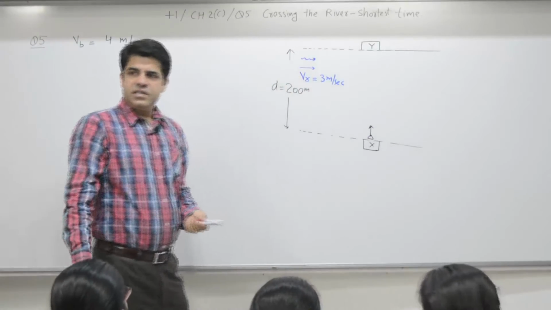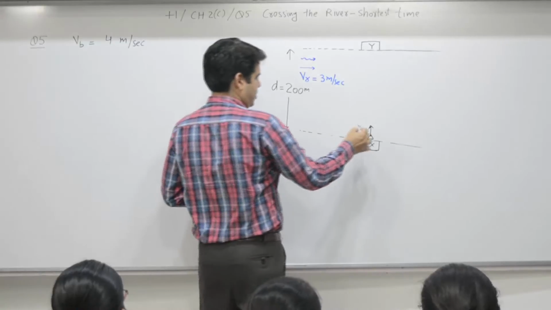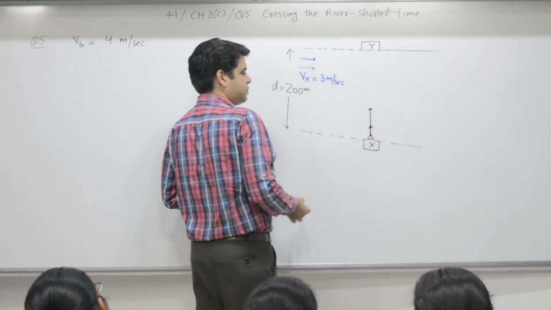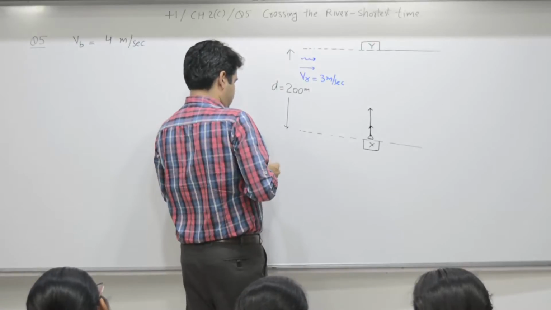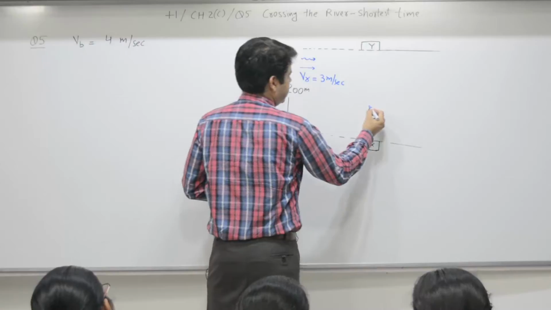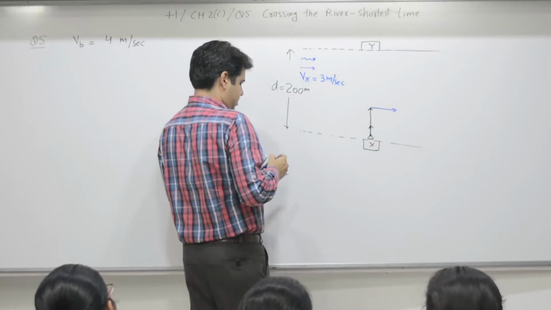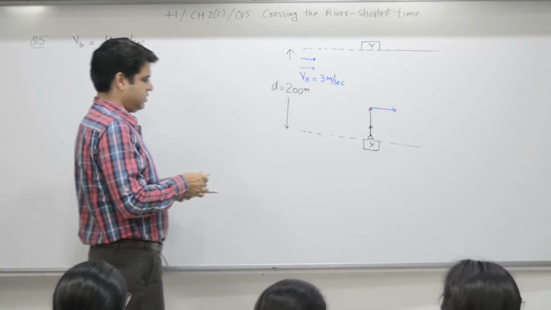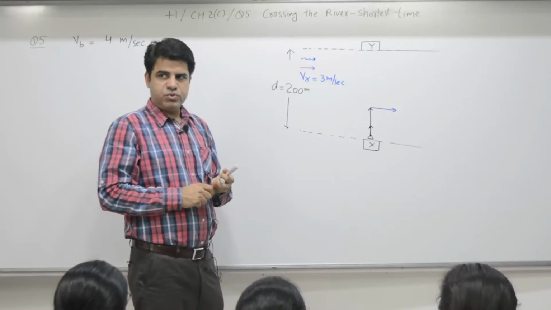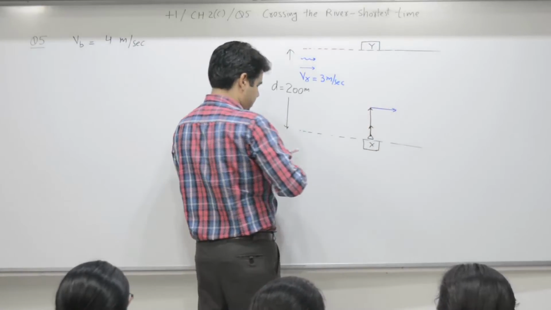Agreed? That is why the boat is under the effect of, number one, boat speed VB, along with that, river speed 3. There is a resultant of the two. As per R equals square root of A square plus B square plus 2AB cos theta, this value is 4, this is 3.